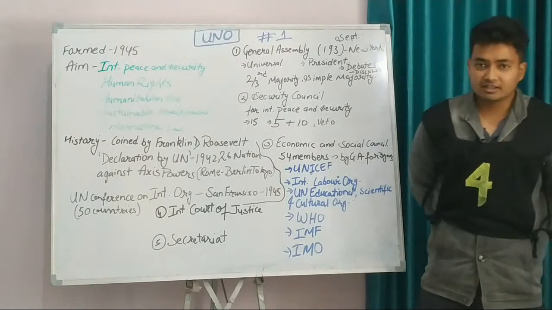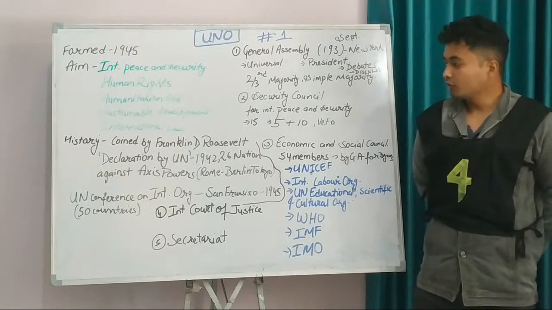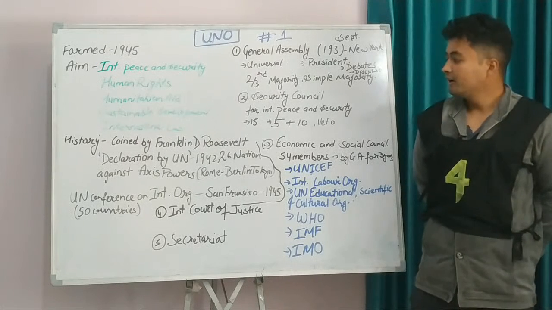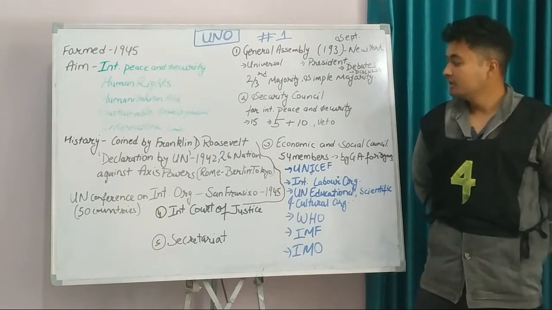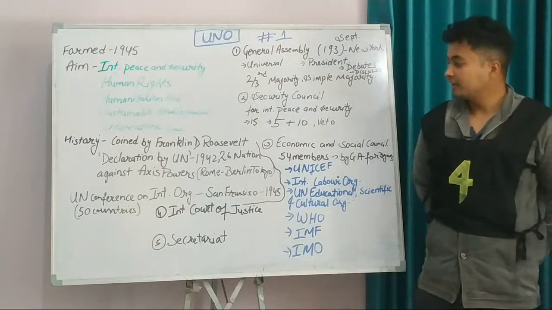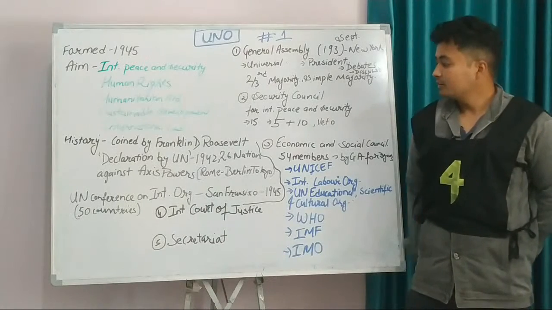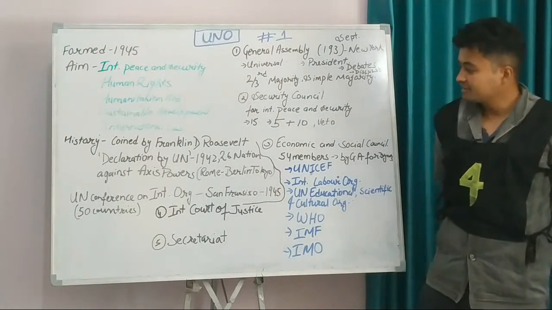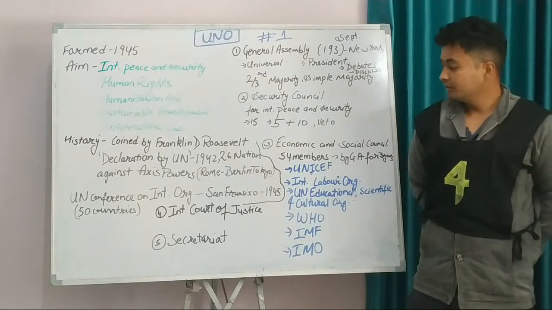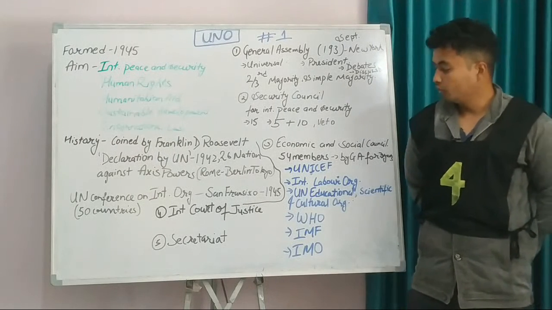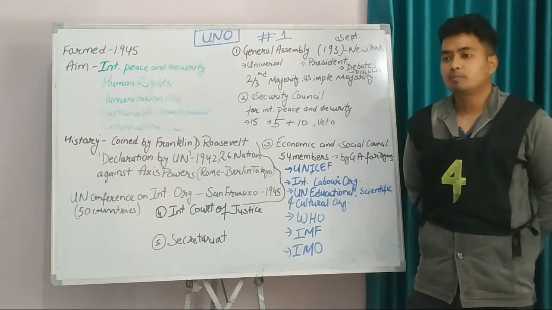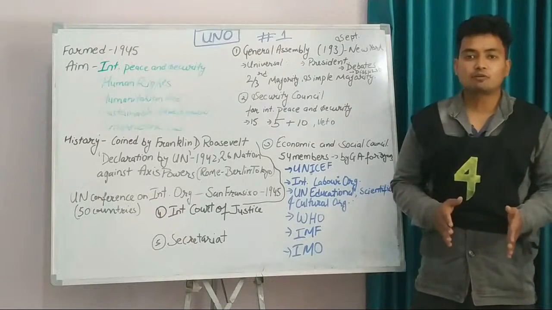If we see in the history, the term United Nations was coined by US President Franklin D. Roosevelt in 1942, and in 1942 also the declaration by United Nations was signed by 26 nations against the Axis powers, which were generally Rome, Berlin and Tokyo. As we all know, in World War II there were two powers, the Axis powers versus the Allied powers.